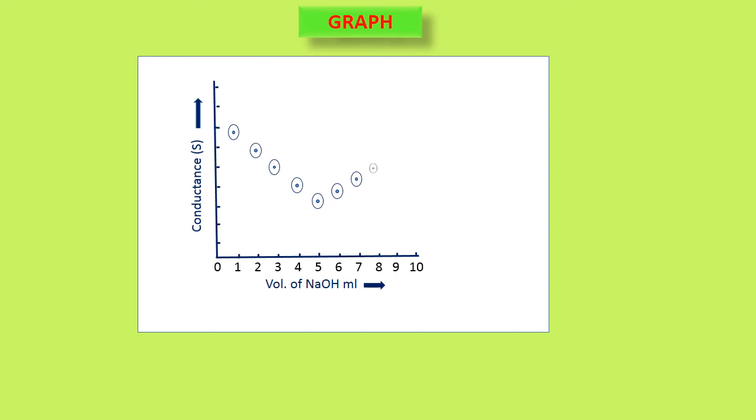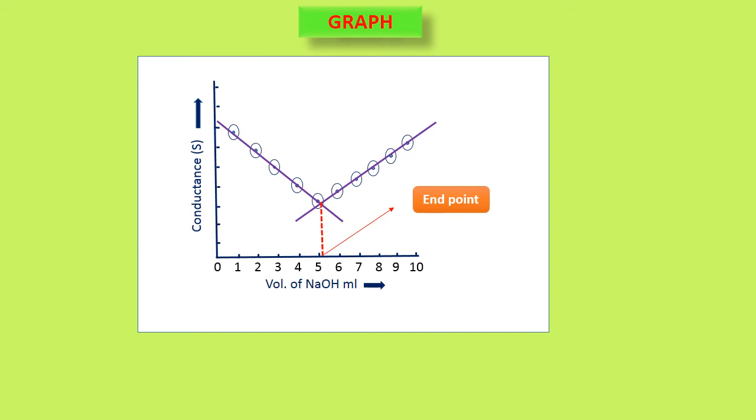So in the x-axis we take volume of NaOH, in the y-axis we take conductance. Okay. So according to the scale you divide the x-axis and y-axis and start plotting the points. Upon plotting the points, you have to join these points with a ruler as a straight line. Whatever points fall on the ruler, please join. Please join the maximum points with a scale or ruler.